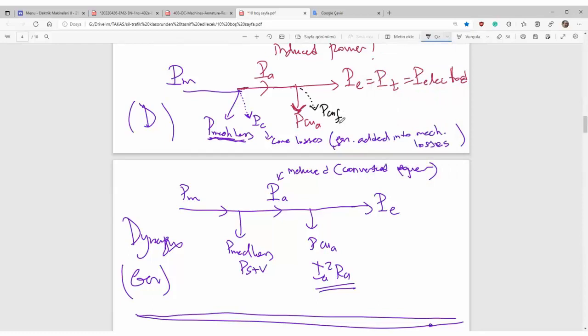I don't know exactly if it is or not. It depends on the connection. Copper loss in field coil. That is the diagram that must be evaluated, must be comprehended.